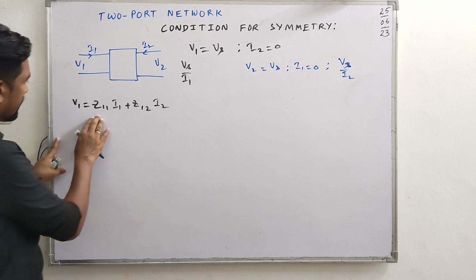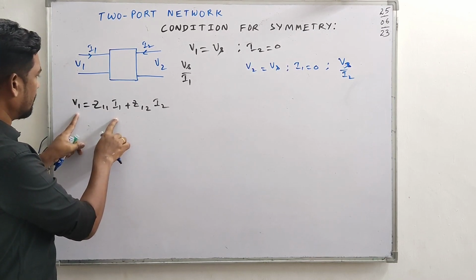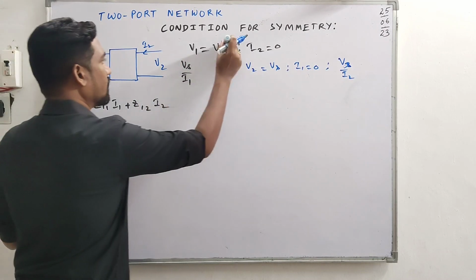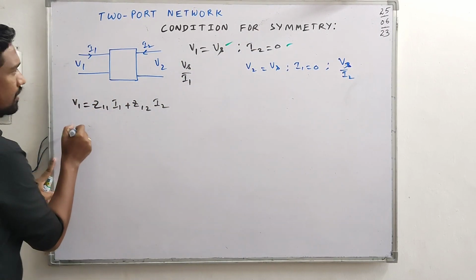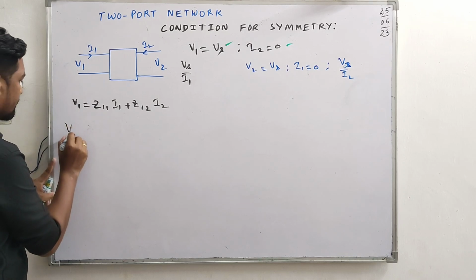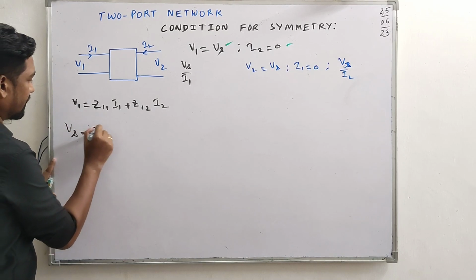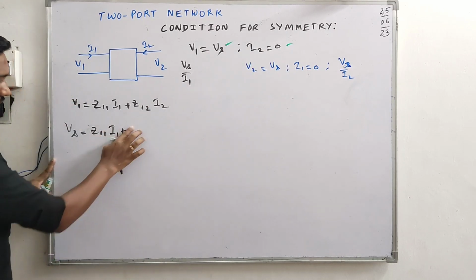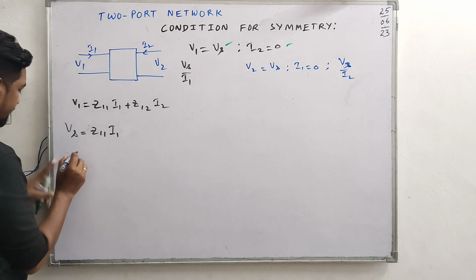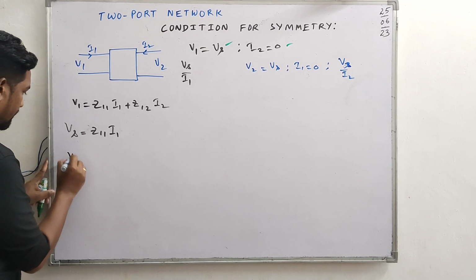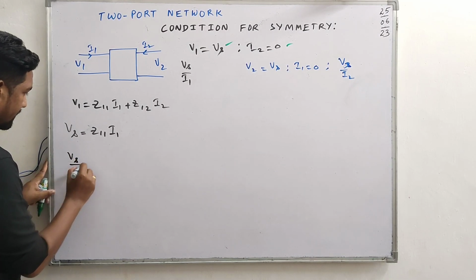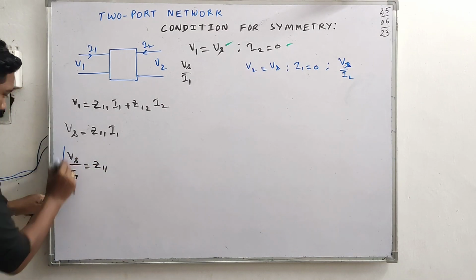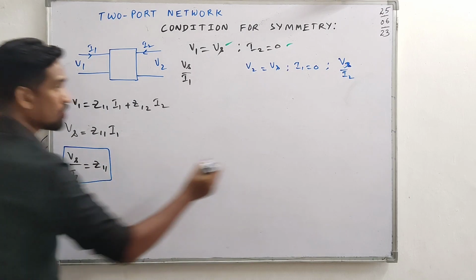V1 is plugged in with Vs, and Z11 I1 plus Z12 I2 with I2 equal to 0, so we have the ratio Vs upon I1 equals Z11. This is the input impedance.